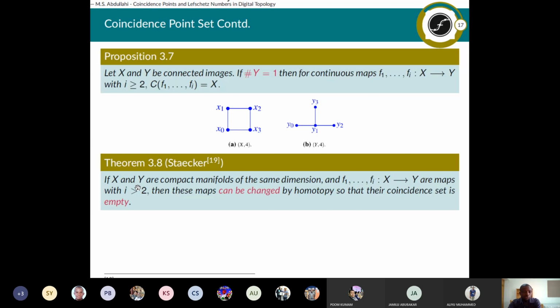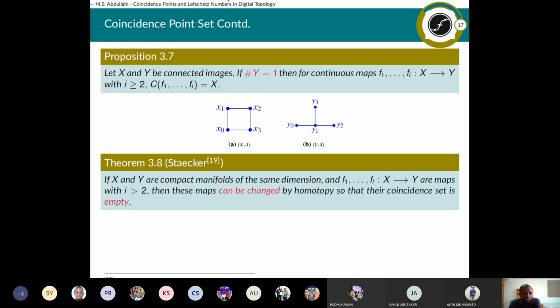Another thing we consider in this direction is that we try to see some classical results in topology and see if those results still hold in the digital setting.